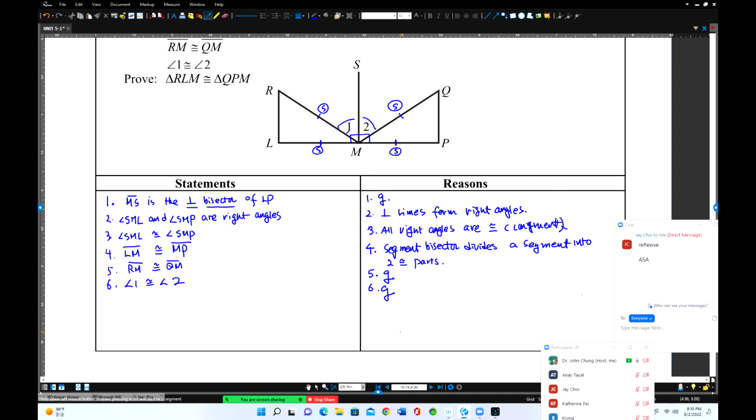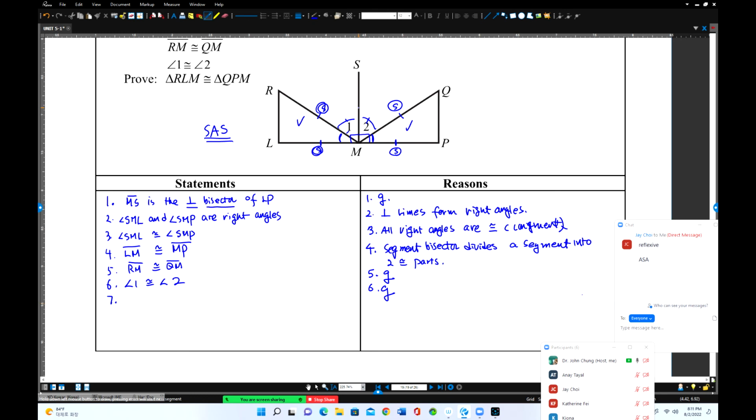Another one to have is triangle RLM and triangle QPM. For triangles, we need to write sides and angles, right? Side angle side. But angle 1 and angle 2 are congruent, and we have to say these two angles are also congruent. Angle 1 and angle P, they are perpendicular, right?